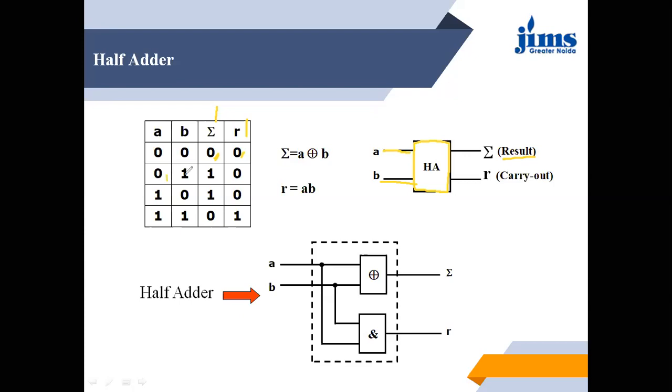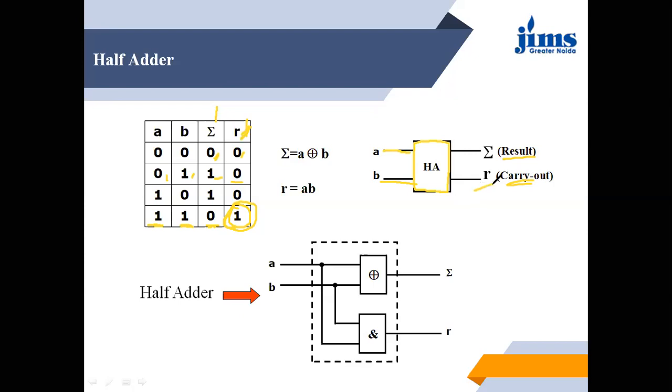When A is 0, B is 1, sum is 1, so there is also no carry. The carry is only in the case when both the inputs A and B are 1. So in that case, sum is 0 and we are getting a 1 as a carry. So this is the carry out.